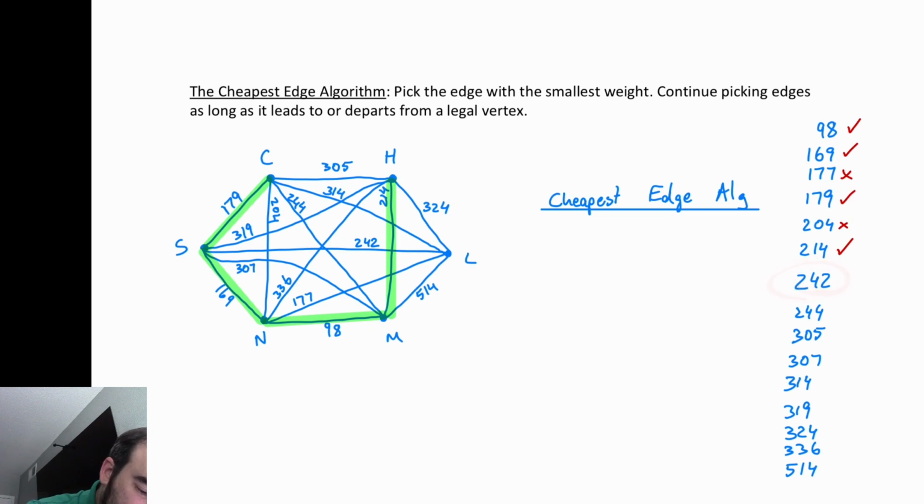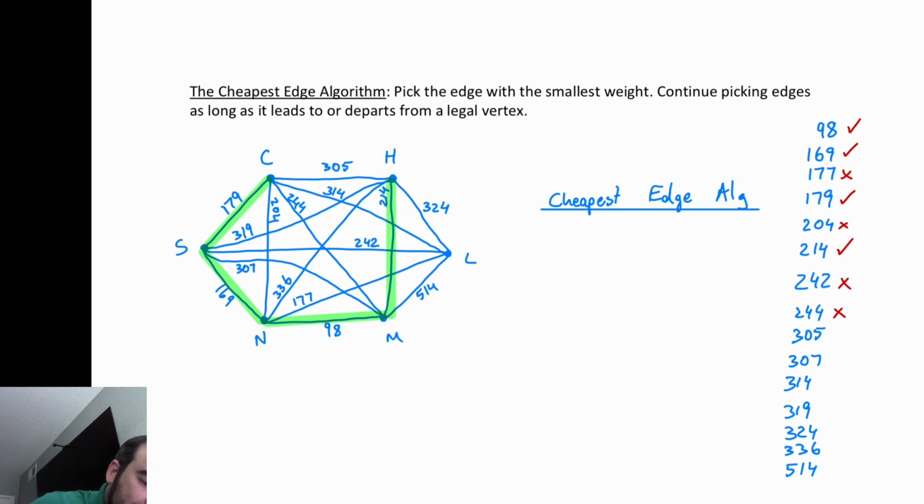Next is the 242. Where's the 242? That goes from S to L, so we can't use that one. The 244, where's the 244? That uses C to M, but M is not available, so that's not good.